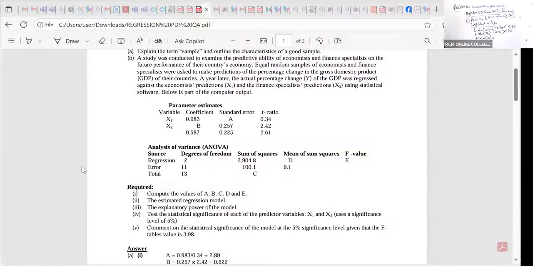So in this case we have the t ratio for the third coefficient, X2, which is 2.61, isn't it? Is there somebody who is able to see that this is greater than 2.201? It's greater, yes, and therefore X2 is equally significant.